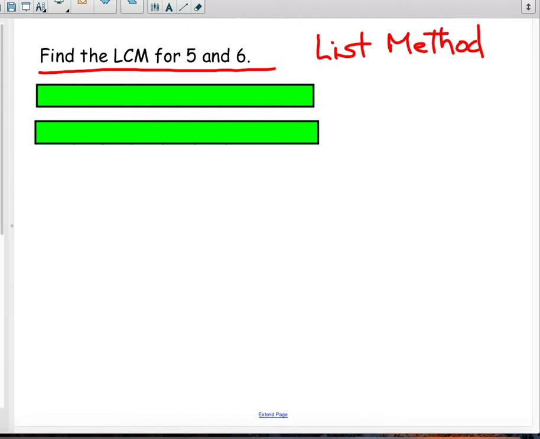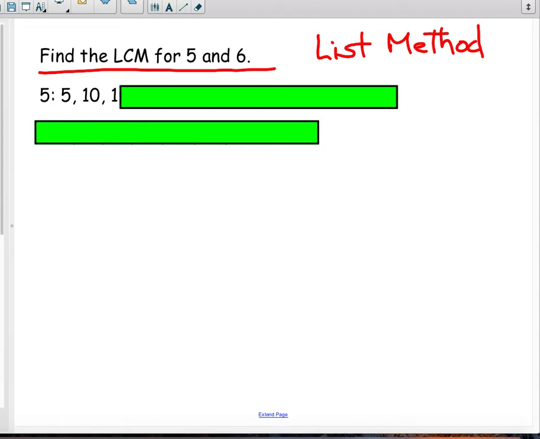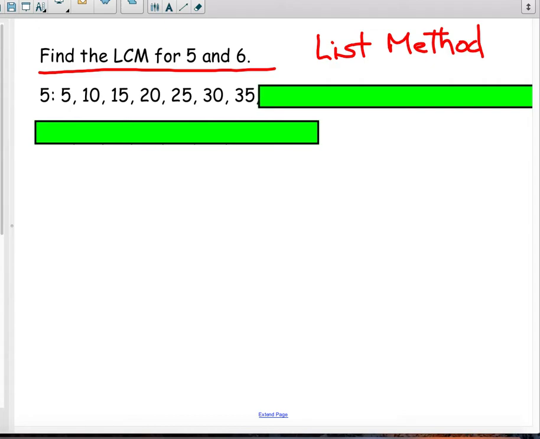All right, here we go. Let's check out and see how we did. We're going to find the multiples for 5 first. 1 times 5 is 5, 2 times 5 is 10, 3 times 5 is 15, 4 times 5 is 20, 5 times 5 is 25, 6 times 5 is 30, 7 times 5 is 35, and on the list goes.